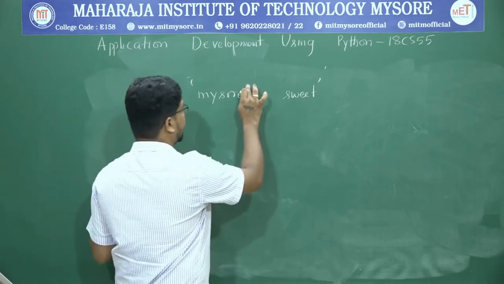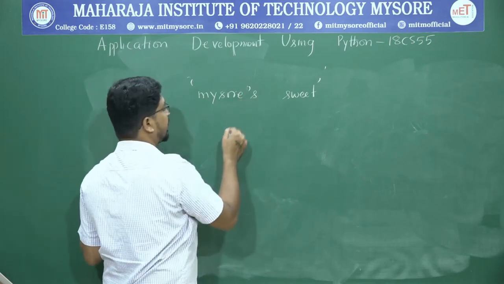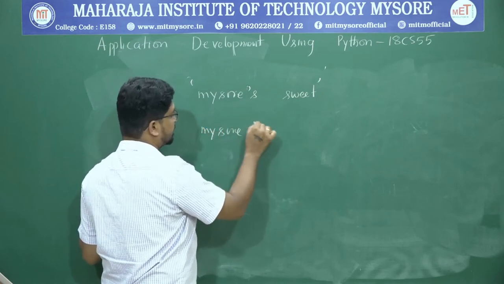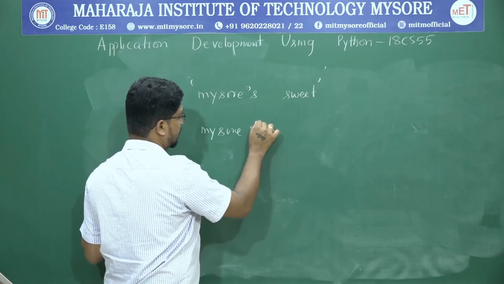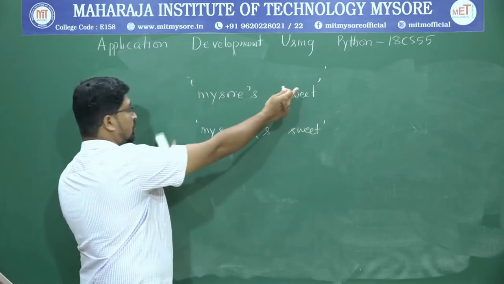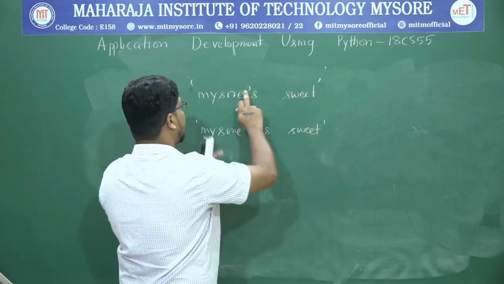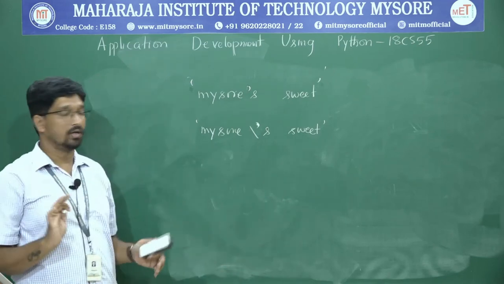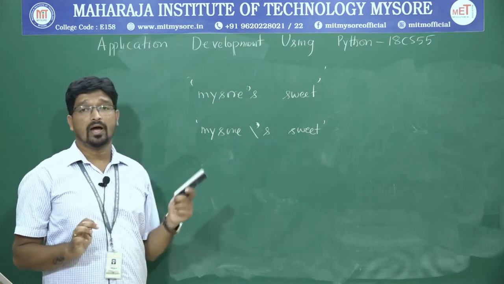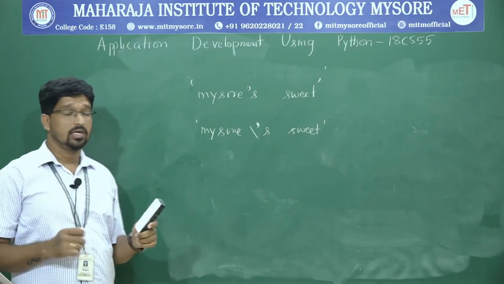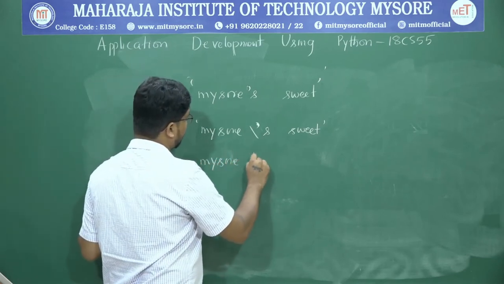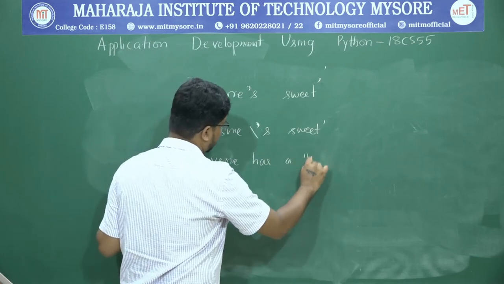The modified string is Mysore, escape sequence, this single quote, then sweet. If you want, you can use a double quote over here. If you put double quotes, the single quote is treated as a part of the string. But if you use single quotes on either side, and you still want a single quote inside the string, then you should use an escape sequence.